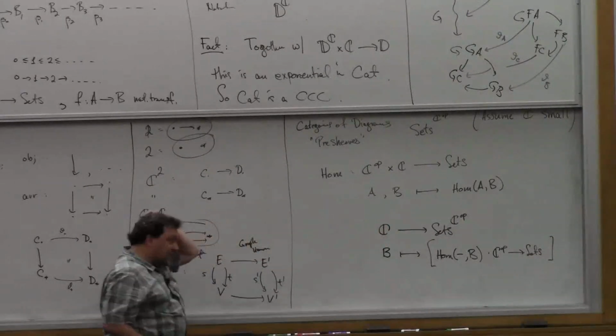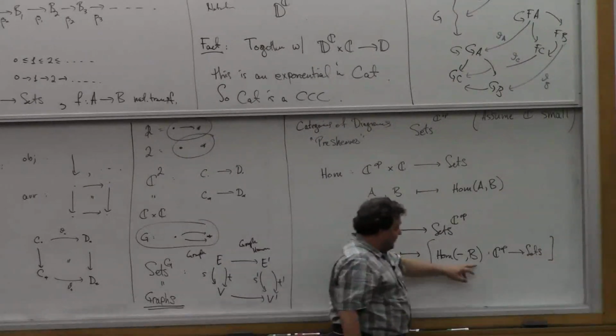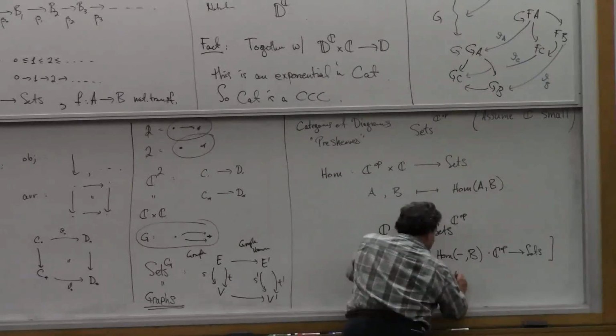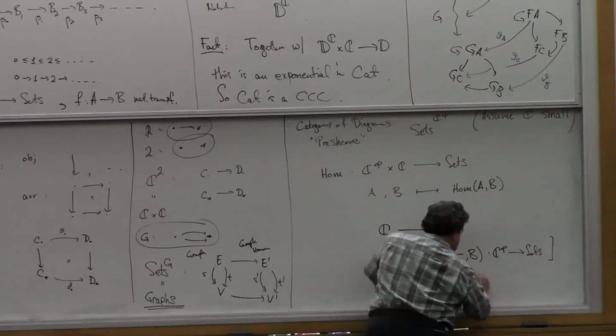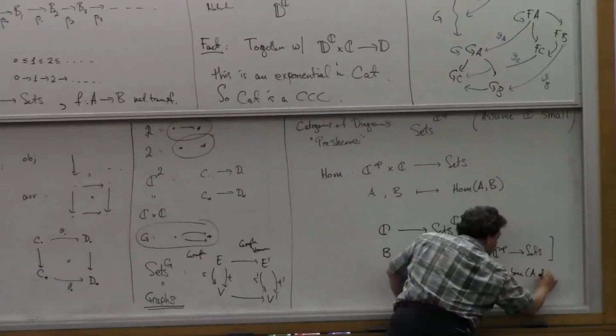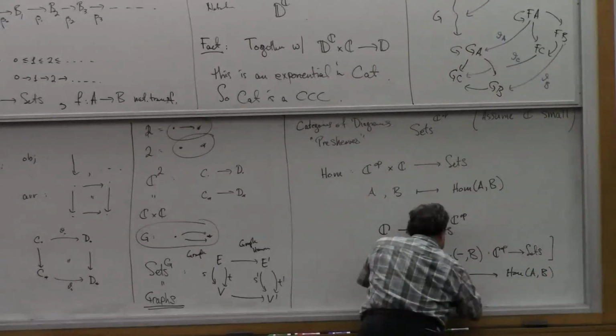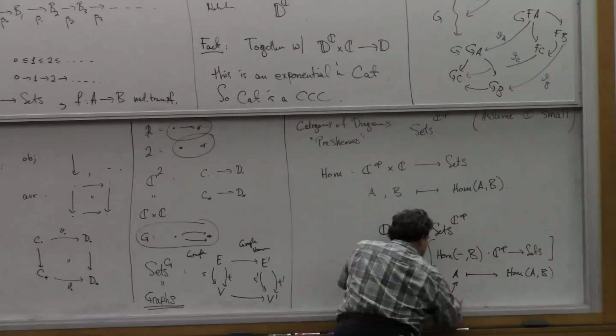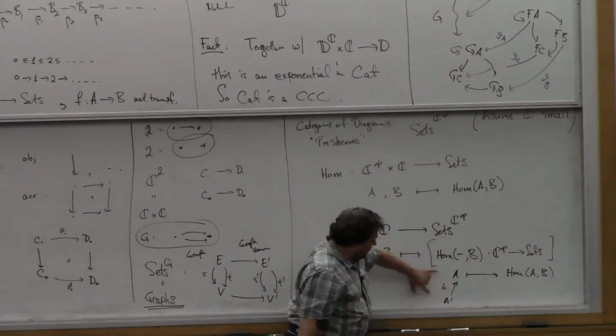And if you just think about it for a moment, you'll remember how this thing works. It takes some A here to the set Hom A, B. That's all arrows from A into B. And it takes any map from A prime into A like this.